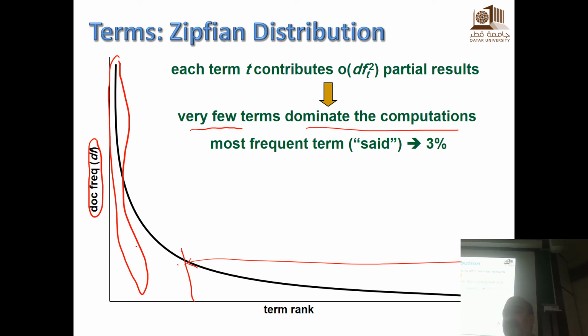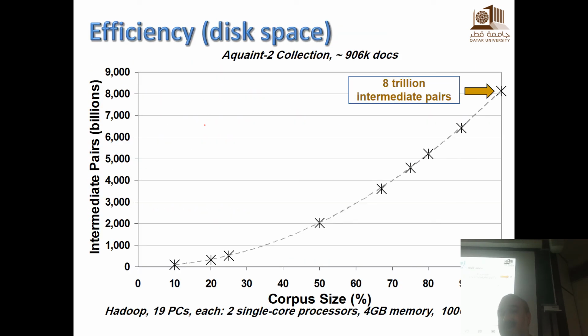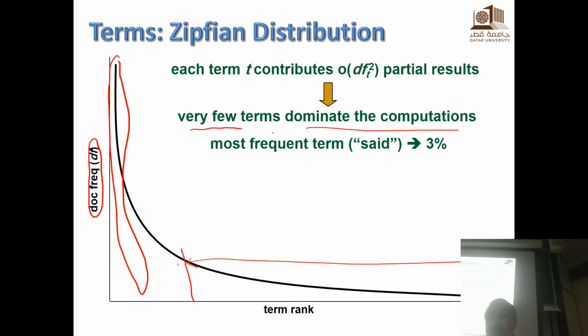So most of this 8 trillion intermediate pairs, if we go back here, are actually generated by a few percentage of terms. Okay? So we did that statistics. We found that the most frequent term in that collection was the term "said", and it contributed 3% of the pairs.